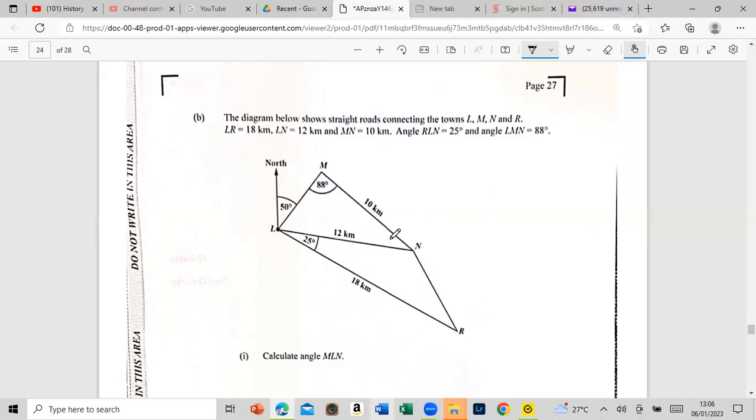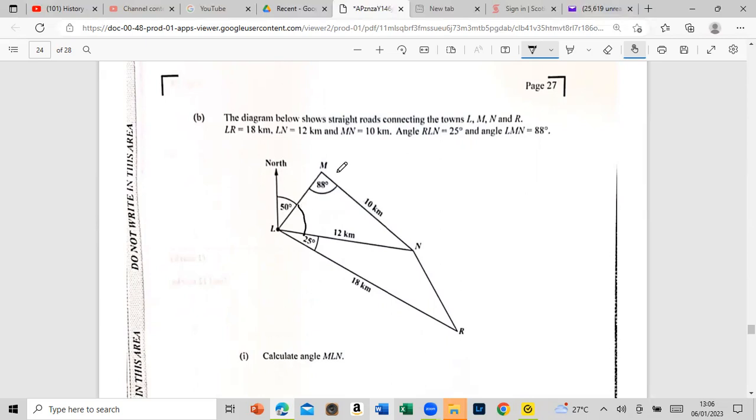All right, so basically, they might ask for the angle, right? So let's see what I could use. We don't know the measurement for this, but I think we could use the sine rule. Let me see first. Yeah, we could use the sine rule.